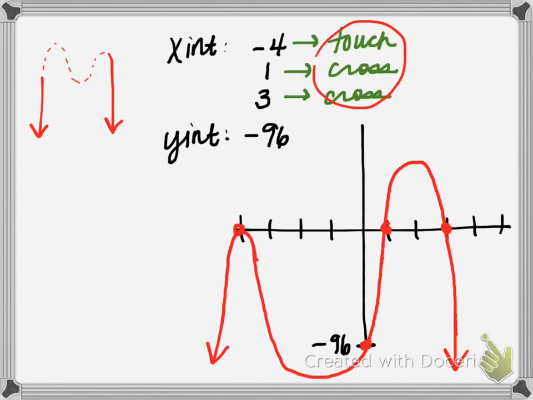It has the correct end behavior, correct x-intercepts, and the correct y-intercept. Now, you might be wondering, how do I know, for example, where this low point that I graphed down here is? Could this graph actually go lower than that point, way down low here, and then come up? And likewise, when I come up here for this high point, maybe it's not quite as high, maybe it's like that.